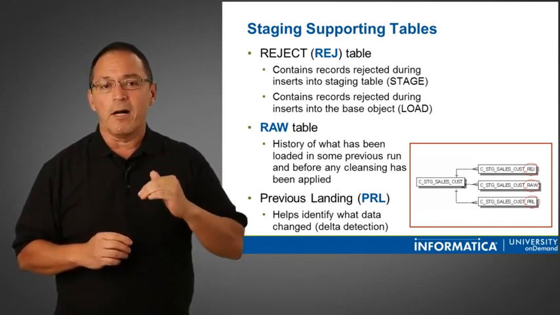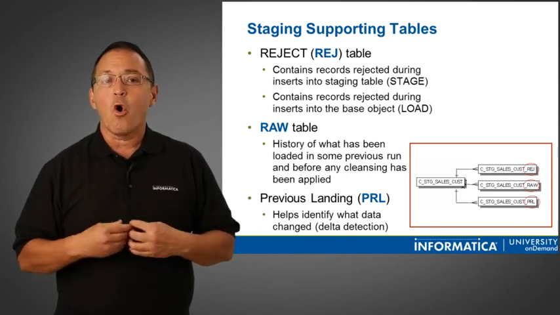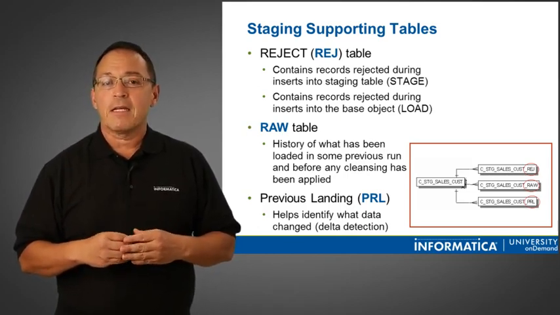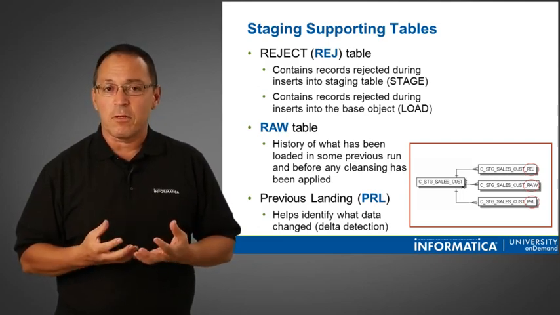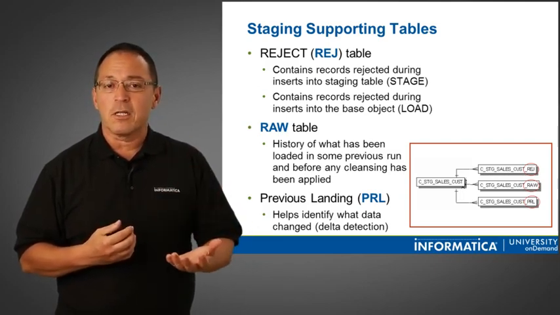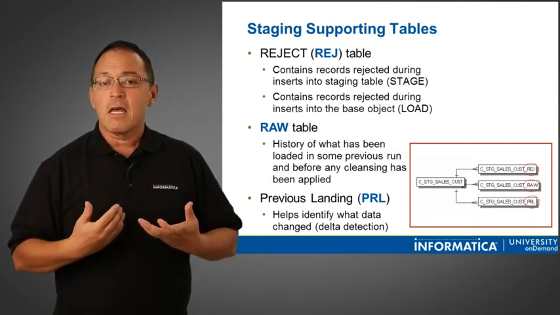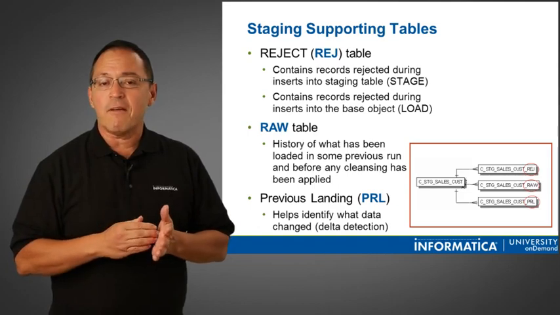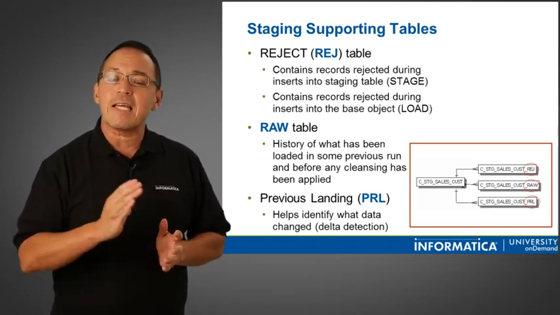Now, PRL, previously landing. This table is important only if you have configured delta detection on the staging table. So if you're using delta detection, then the PRL takes effect. And what does this mean? Delta detection means that you want to have the ability to distinguish new data from previously staged data.